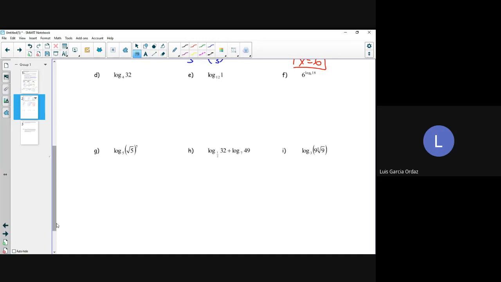So we have log base 4 of 32 is equal to x. So again, we have to do the same thing. So we have 4 to the x is equal to 32. So how can we write 32 in terms of an exponent with a base?